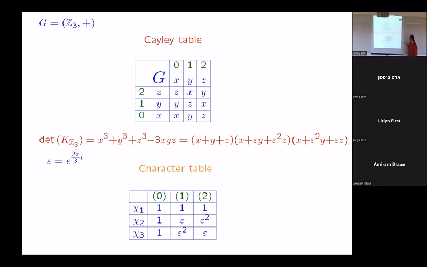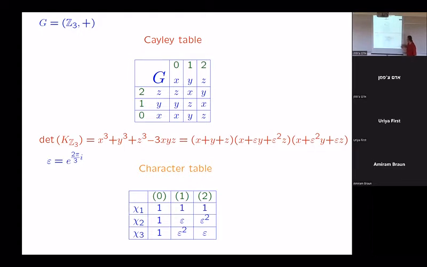But one of the good ways is to realize that it is related to another important table coming from that finite group, namely the character table. So we consider this group, its irreducible representations, and characters, traces of matrices of images.